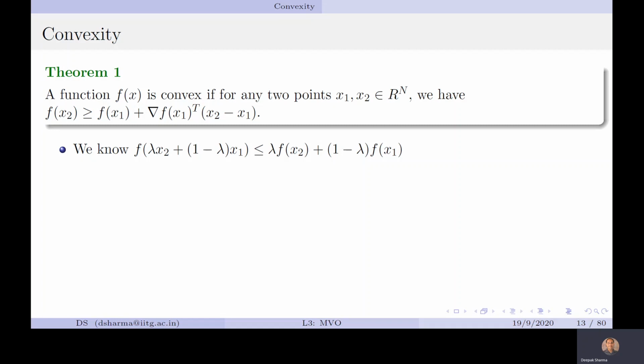Now in theorem 1, we say that a function f(x) is convex if for any 2 points x1 and x2 belonging to R^n, this means it's a multivariable problem. So x1 and x2 are two vectors.